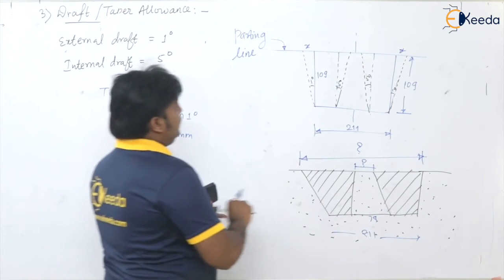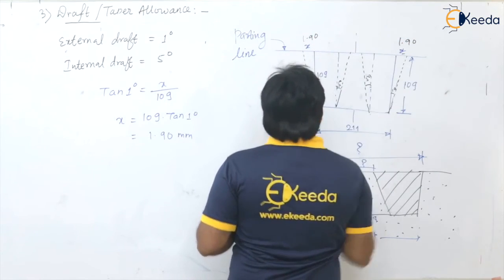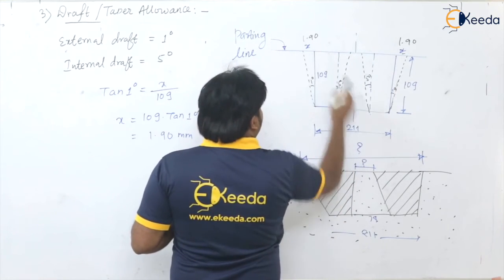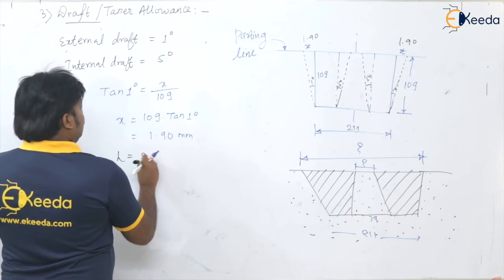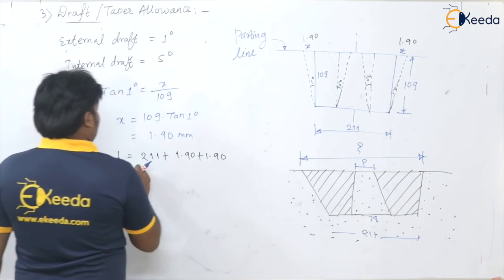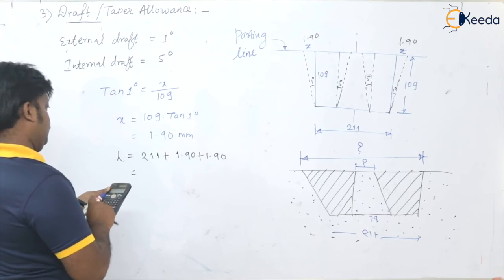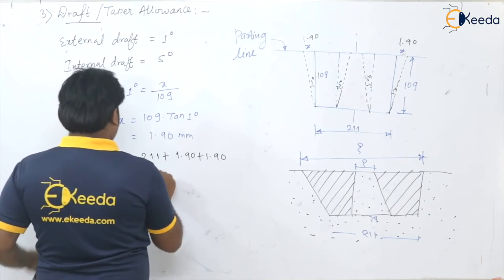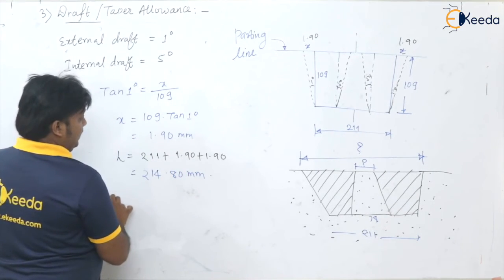So x is 1.90, here 1.90 and here 1.90. So what is the length? The 211 millimeter length, what does it become now? 211 plus 1.90 plus 1.90. It is 214.80 mm.